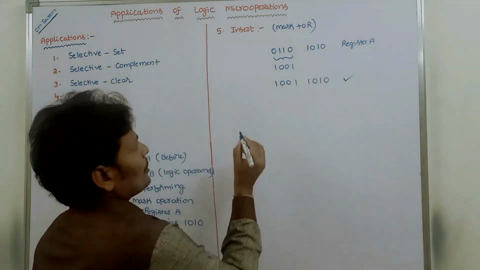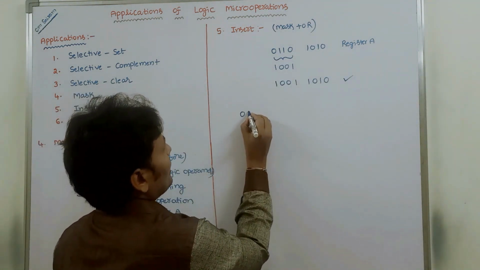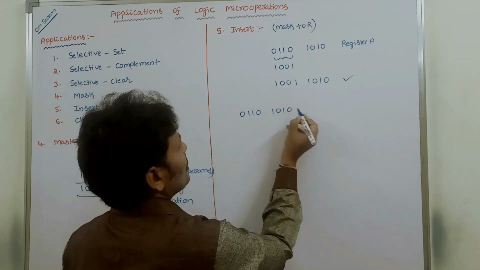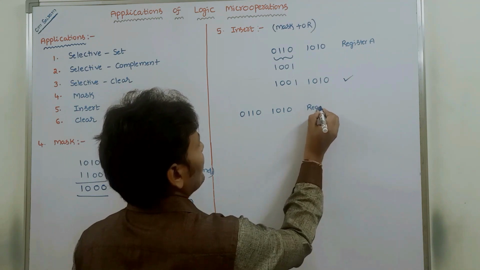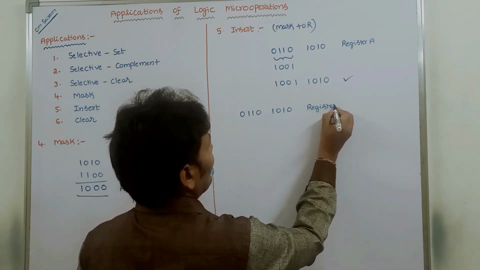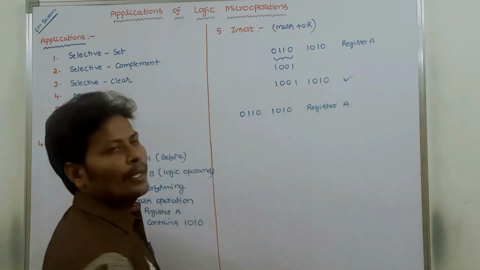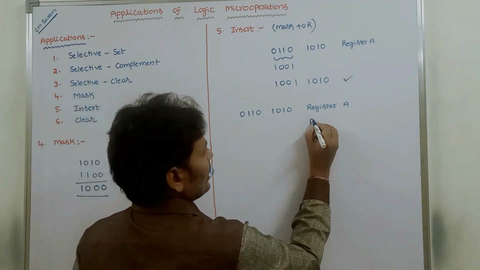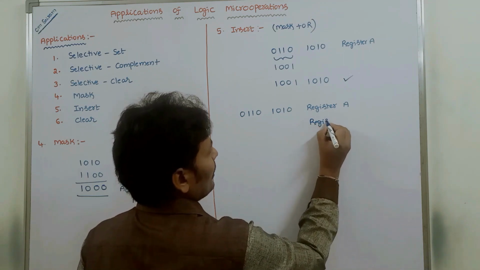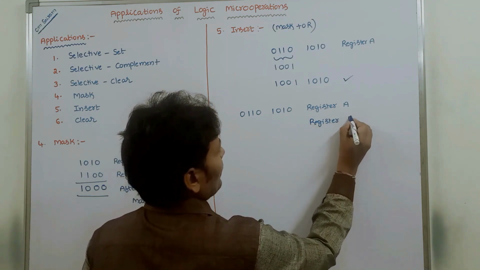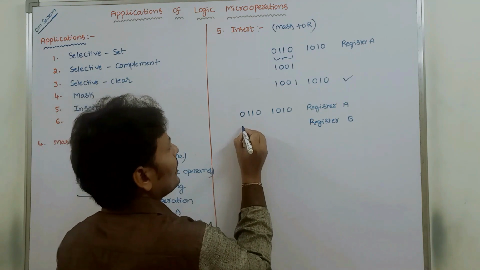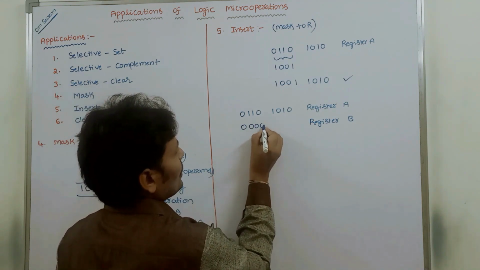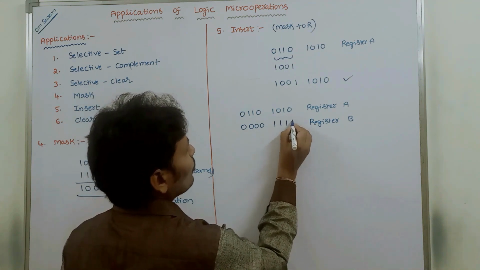Okay. So register A contains 0 1 1 0 1 0 1 0. Next one, here register B contains 0 0 0 0 1 1 1 1.